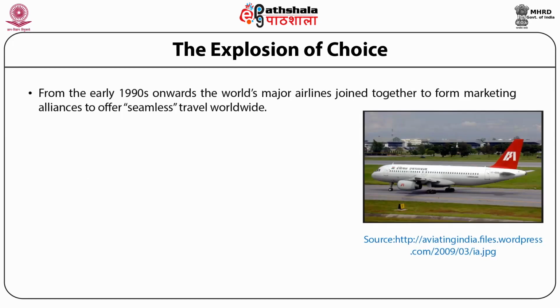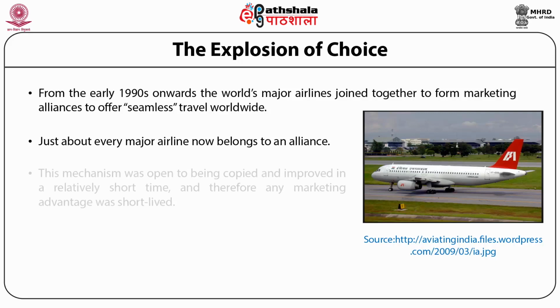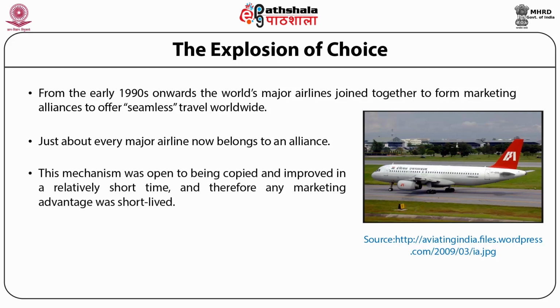From the early 1990s onwards, the world's major airlines joined together to form marketing alliances to offer seamless travel worldwide. Just about every major airline now belongs to an alliance. This mechanism was open to being copied and improved in a relatively short time, and therefore any marketing advantage was short-lived. So does this matter?